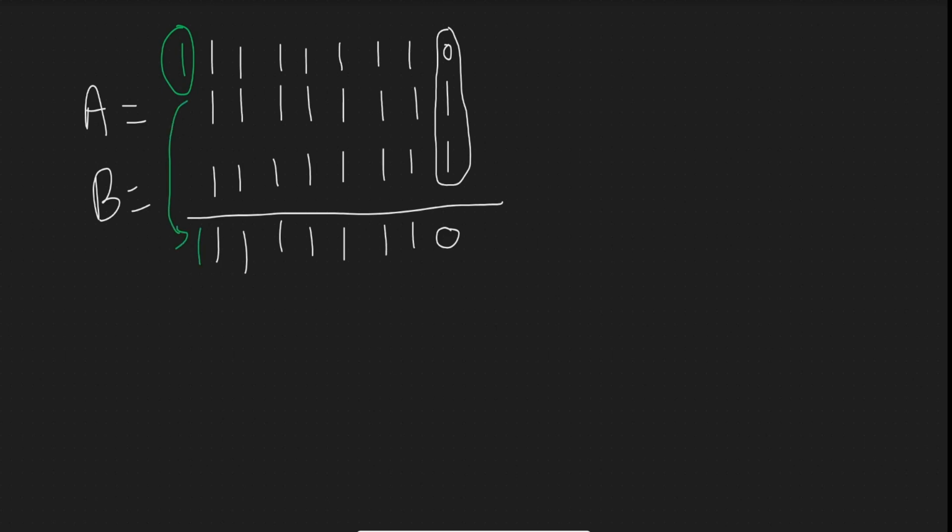So if we add these two numbers, we should have 1, 1, 1, 1, 1, 1, 1, 1, 0, which is 9 bits.